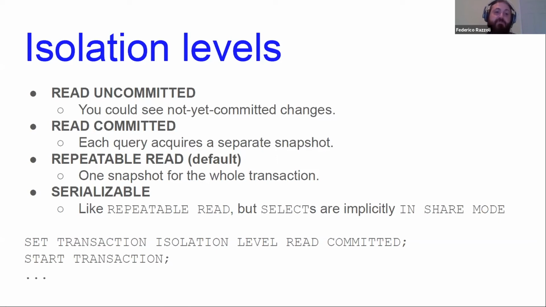So what is the purpose of using read uncommitted? Well, first of all, you are still able to roll back the transaction, but in most cases, probably you don't care too much.